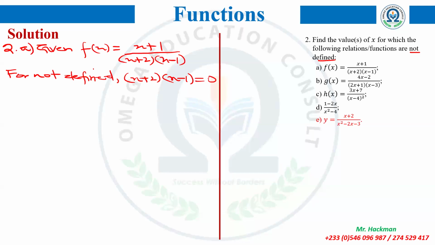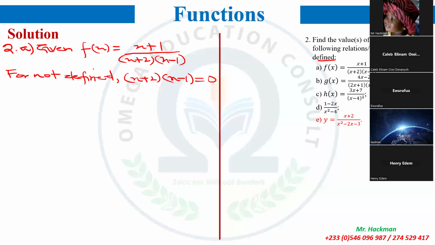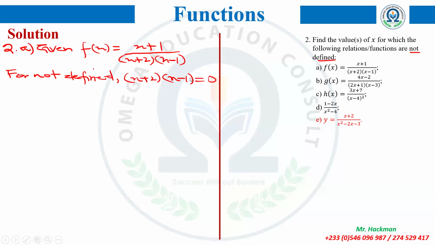So take note, anytime you have a product of numbers, in this case factors, I have two factors, x plus 2 and x minus 1. Anytime you have two or more factors set equal to 0, it's just a matter of setting each of the factors to 0 and solving.